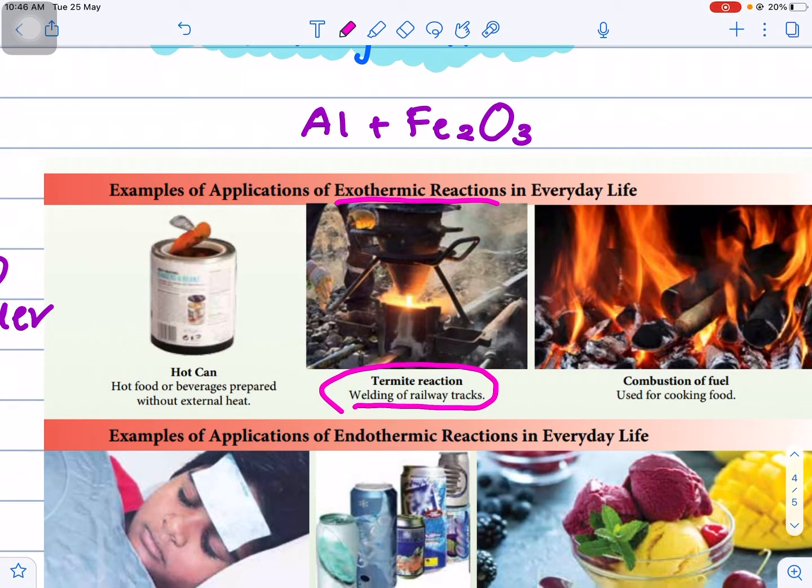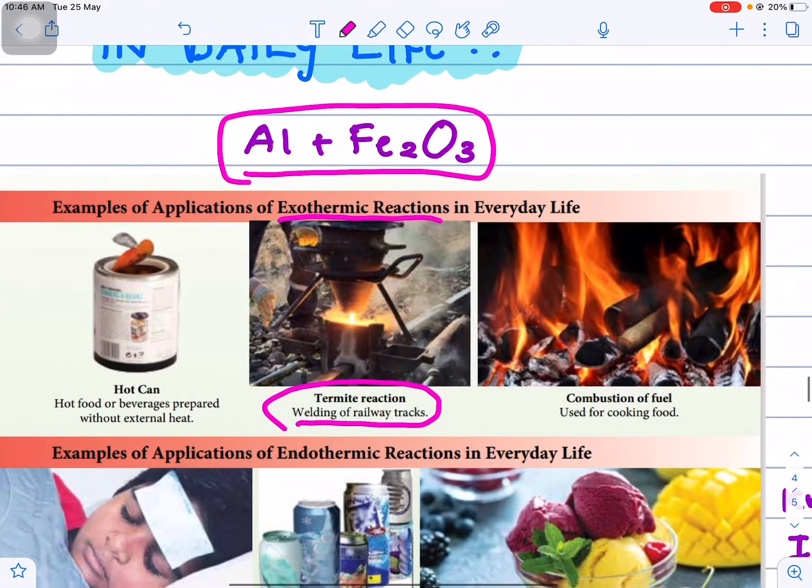In thermite welding, we heat the aluminium and iron oxide. When we heat aluminium and iron oxide, this reaction releases a lot of heat, and we get aluminium oxide and also iron. What we really need is the iron to fix the railway tracks.